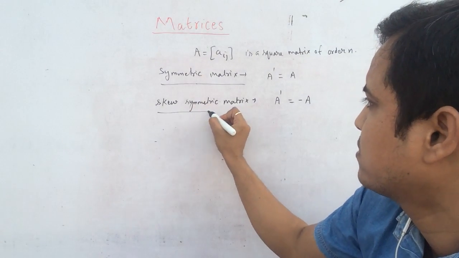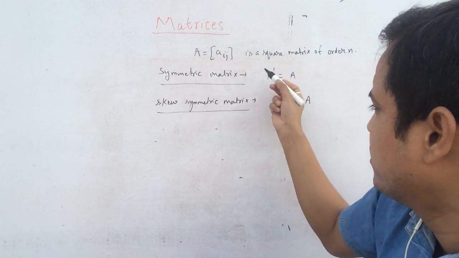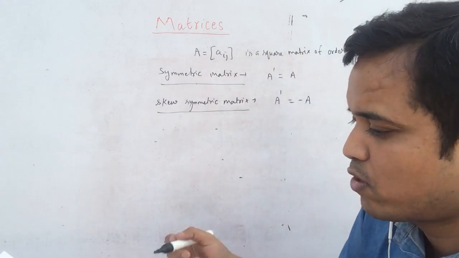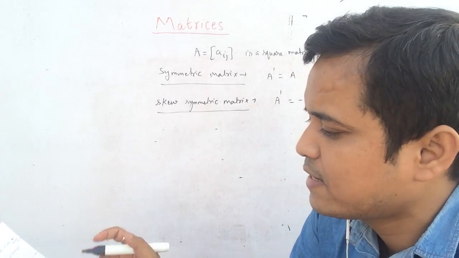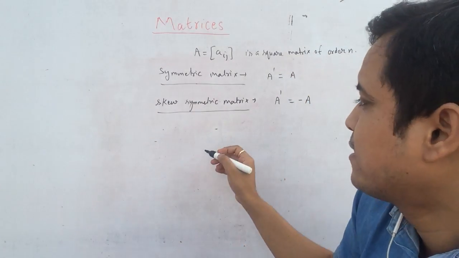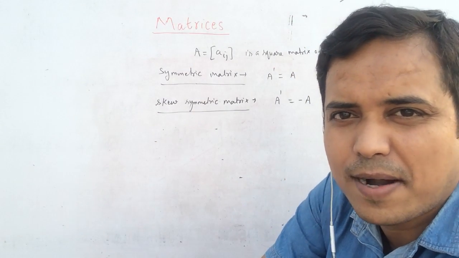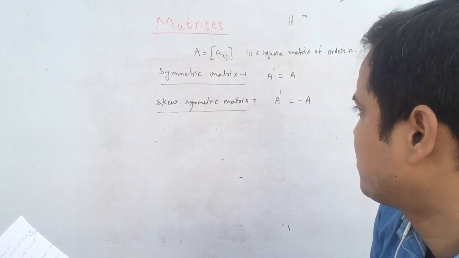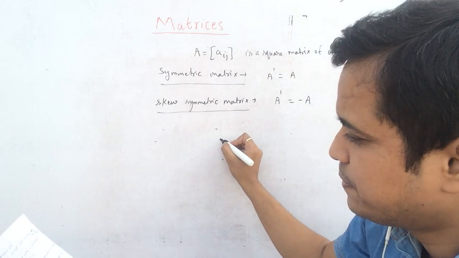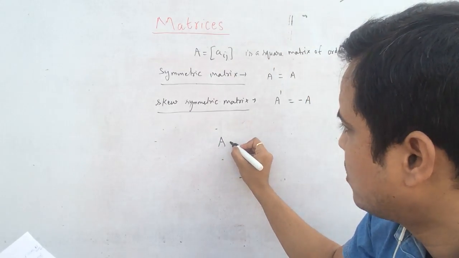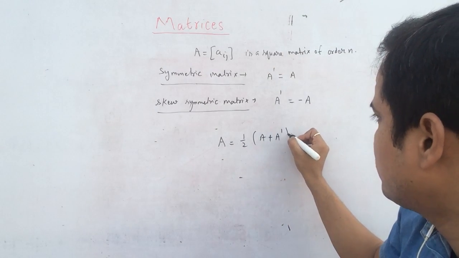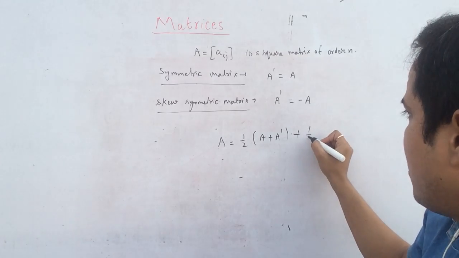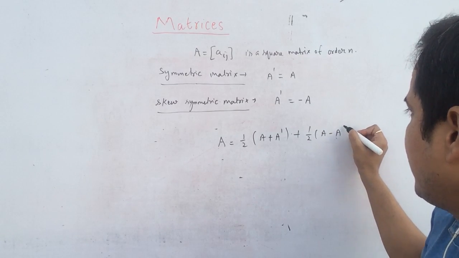Skew symmetric matrix. Here A is also a square matrix of order n, and third, every square matrix can be uniquely expressed as the sum of a symmetric matrix and a skew symmetric matrix. How? It would be any matrix like A equal to half A plus A transpose, plus half A minus A transpose.